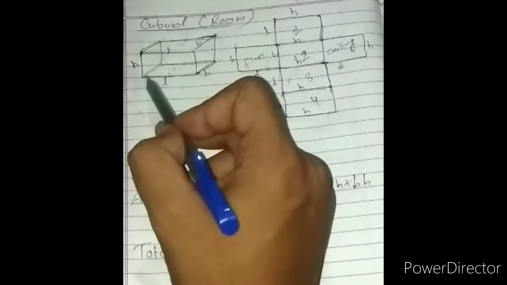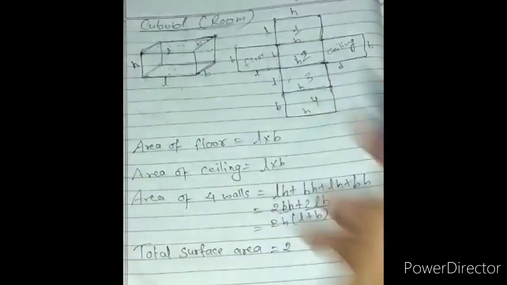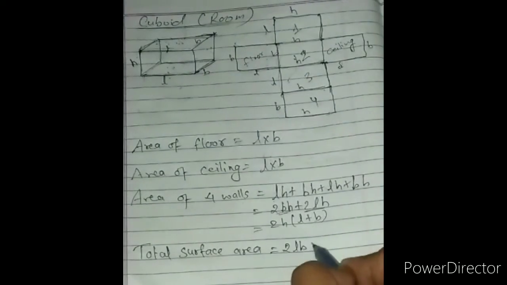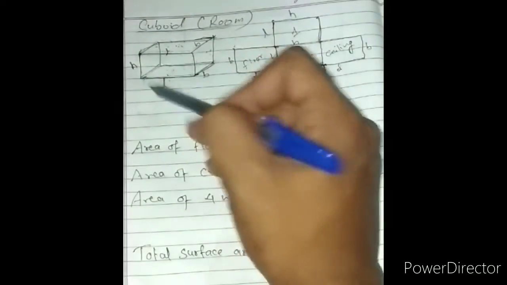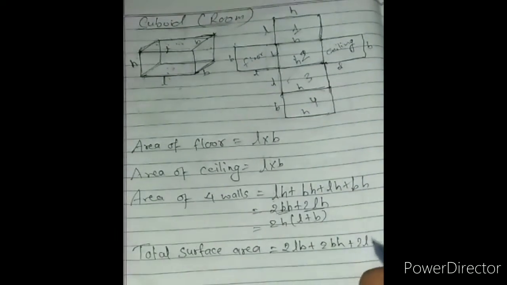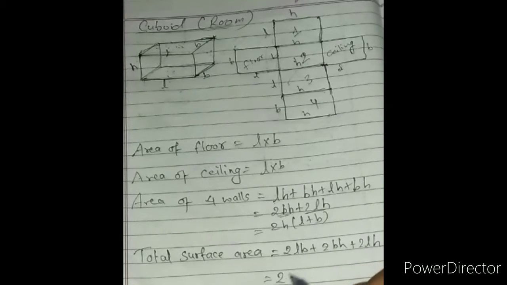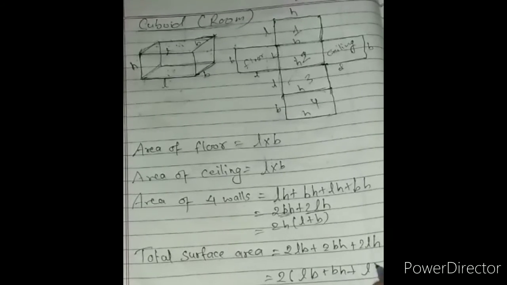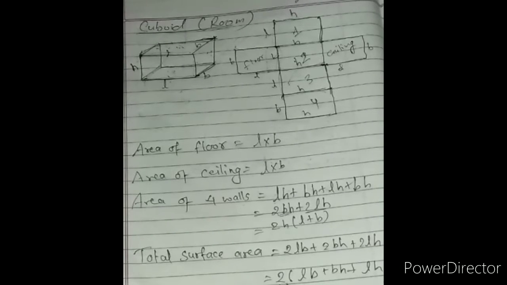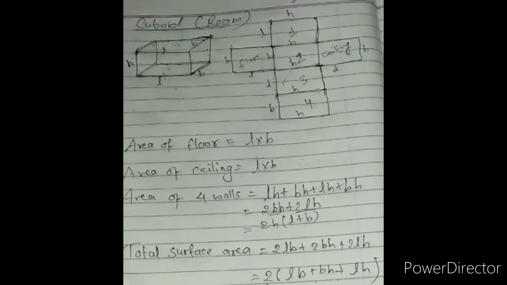There are 2 LB, 2 BH, because BH here is also BH, and 2 LH. Now you can take 2 common: 2 into (LB plus BH plus LH) is the area of total surface of the cuboid. That means the area of the total surface of your room.